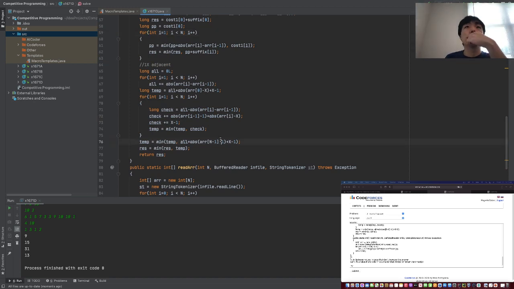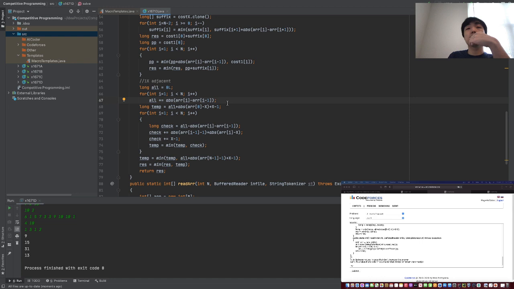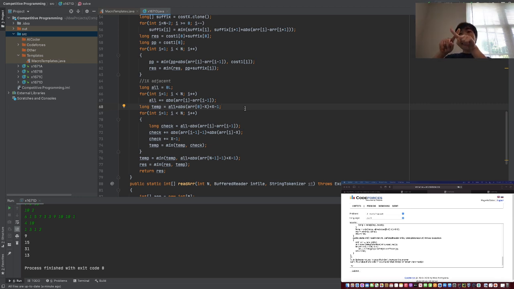Are we doing 1x adjacent correctly? So we calculate the cost of the whole thing, and then temp is all, and then we append essentially. This is us appending 1x up to here, all plus the absolute value of array 0 and then x, plus x minus 1.